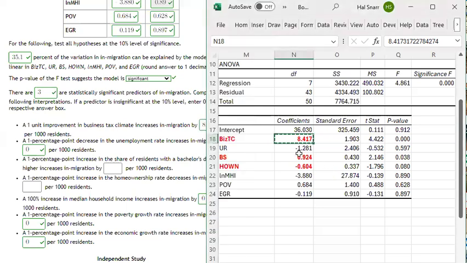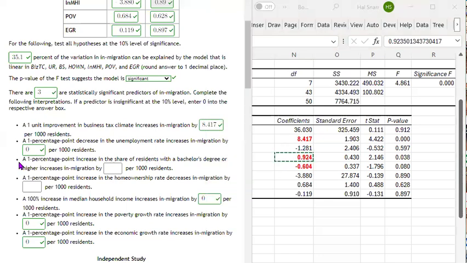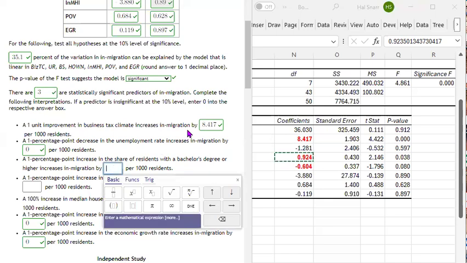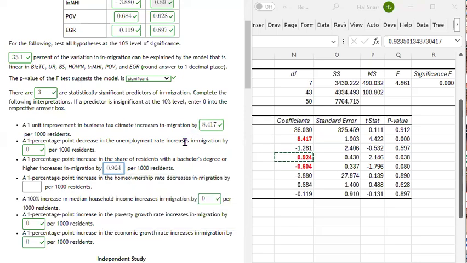The next one, the share of people in a state that have a bachelor's degree or higher: a 1 percentage point increase in the share of residents with a bachelor's degree or higher increases in migration by almost 1 person per 1,000 residents.